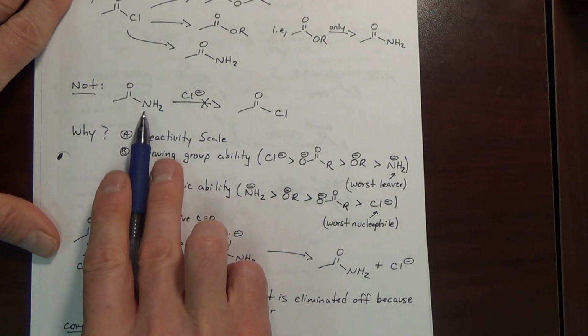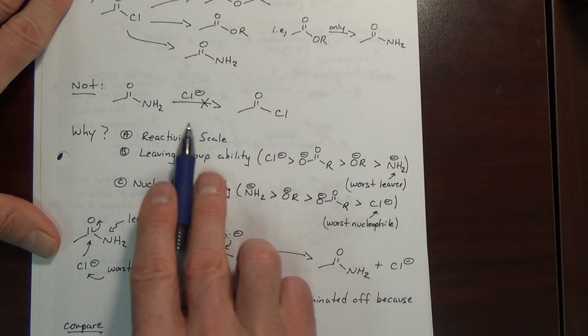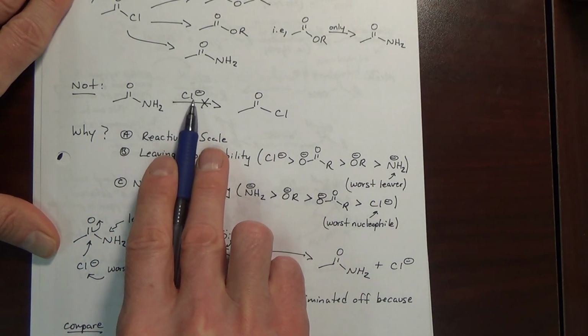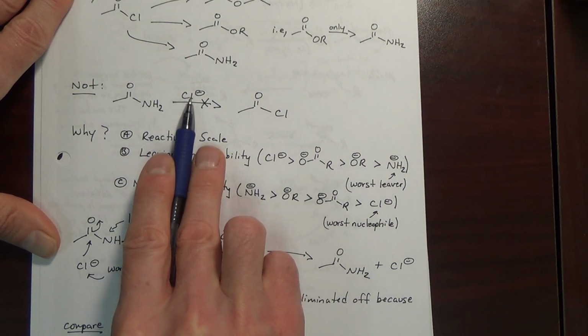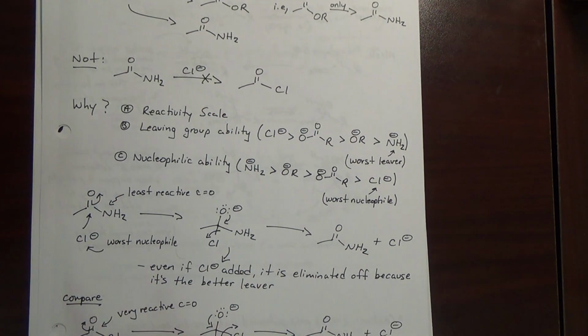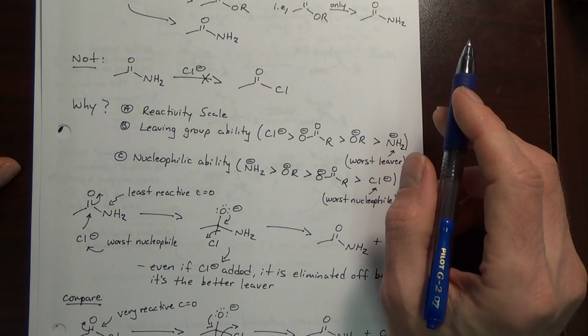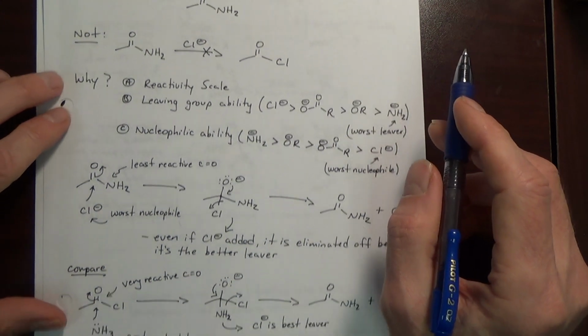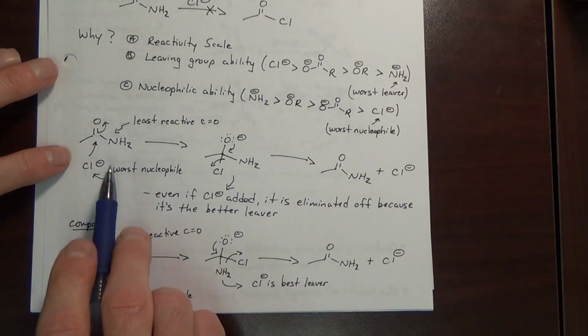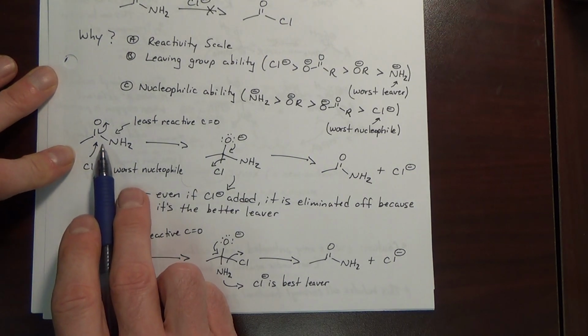So you cannot convert an amide to an acid chloride by reacting it with chloride anion. So why can't you do this? First off, reactivity scale. An amide is the least reactive carbonyl.